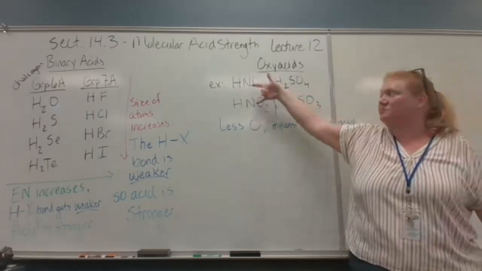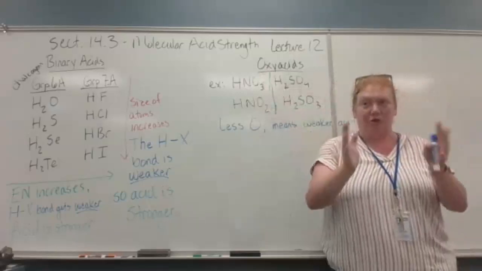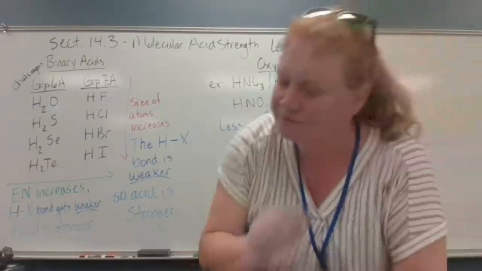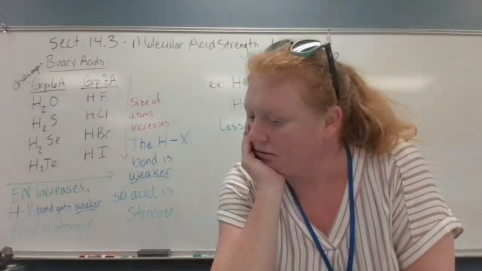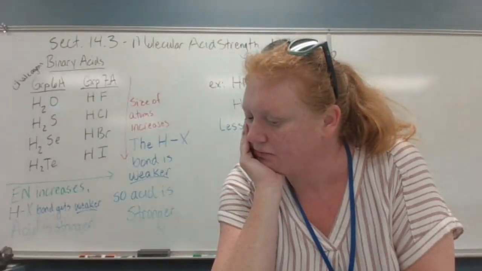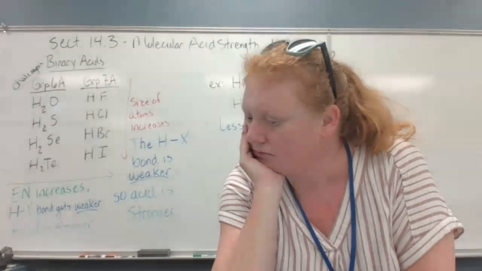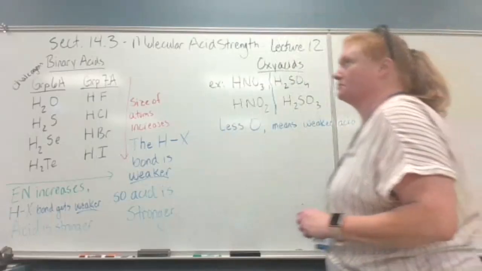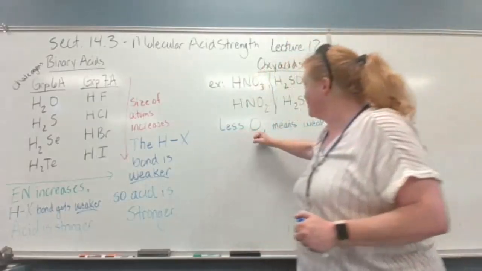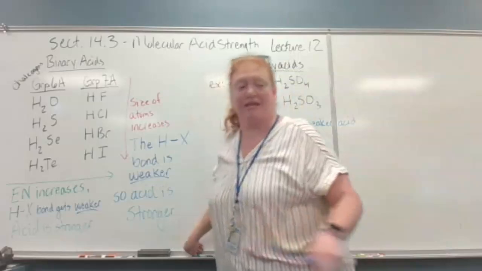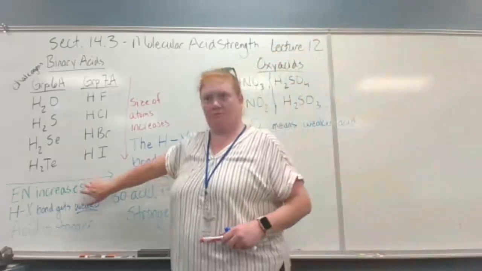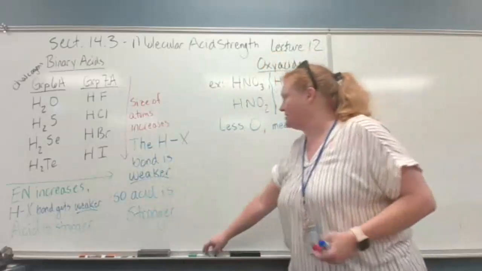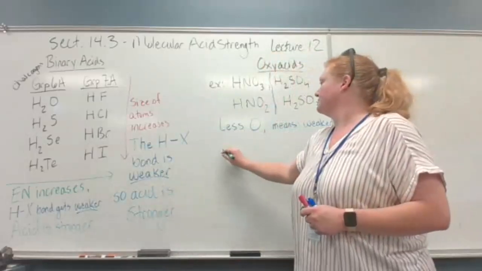If we're talking about how many oxygens, you need to be looking at the similar acids. We can also think with oxyacids, we can also compare differences in electronegativity as well. That applies to oxyacids as well.